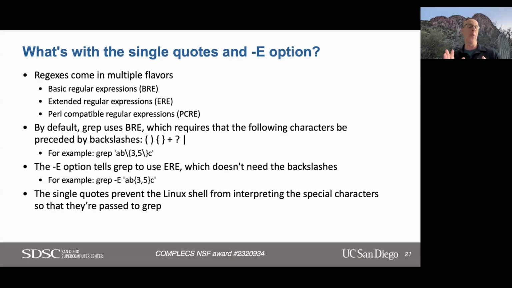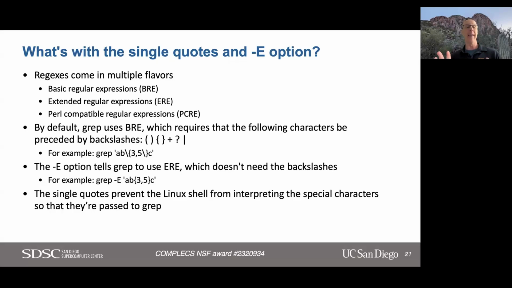So, for example, if we wanted to match A followed by anywhere from 3 to 5 Bs followed by C, if we're using basic regular expressions or BREs, we would have had to precede those curly braces with backslashes. So this is a little bit harder to read.